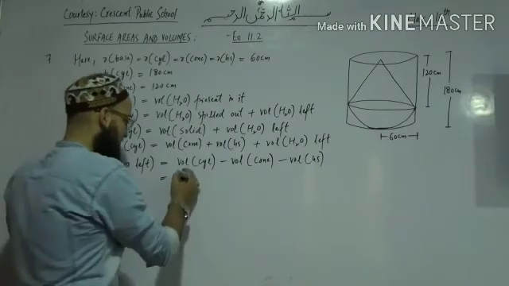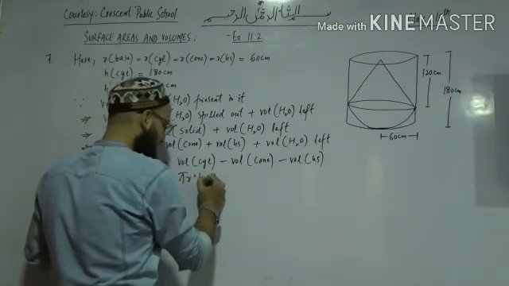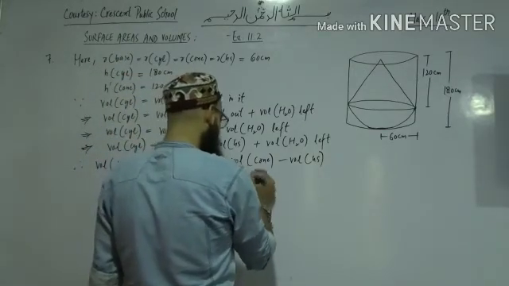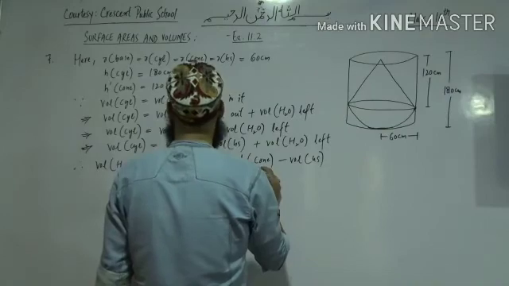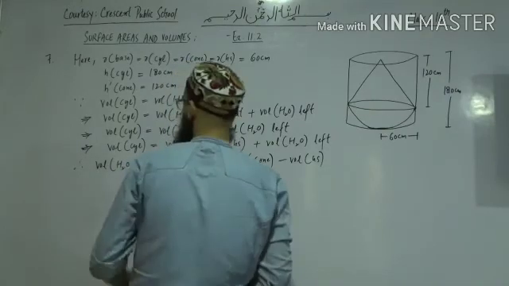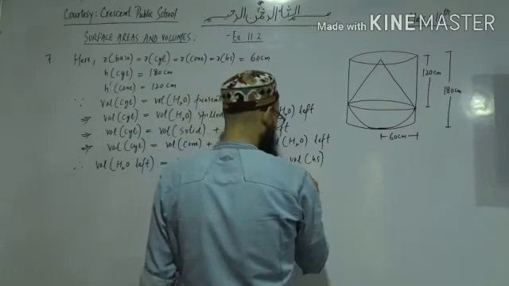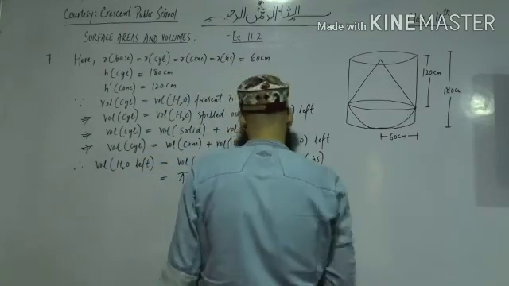Volume of cylinder, you know, it's pi r square h, minus volume of cone is 1 by 3 pi r square h dash, minus volume of hemisphere is 2 by 3 pi r cube, and r is same.